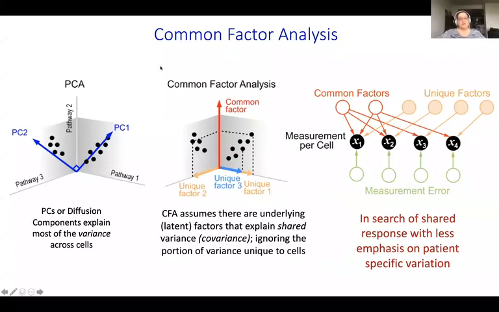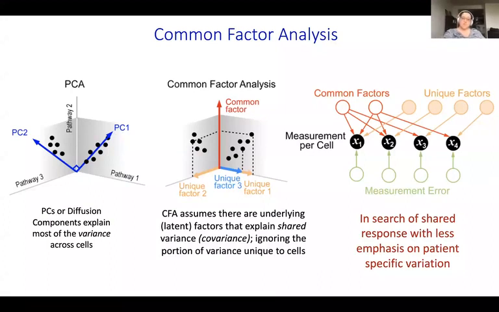So instead, we decided to run common factors, which says, after you explain away some of the unique factors, can we find a small number of common factors that explain as many different cells as possible and capture the joint, coordinated changes of as many cells as possible in the data.